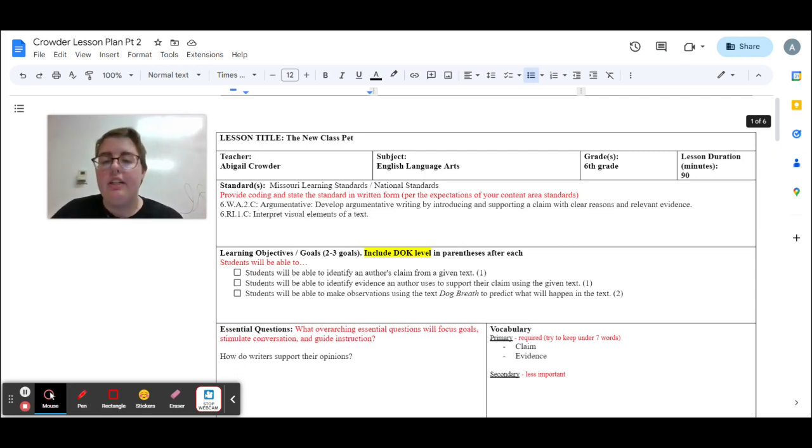And the first learning standard is develop argumentative writing by introducing and supporting a claim with clear reasons and relevant evidence. I would say they're doing both of those things in this lesson. And then interpret visual elements of a text.